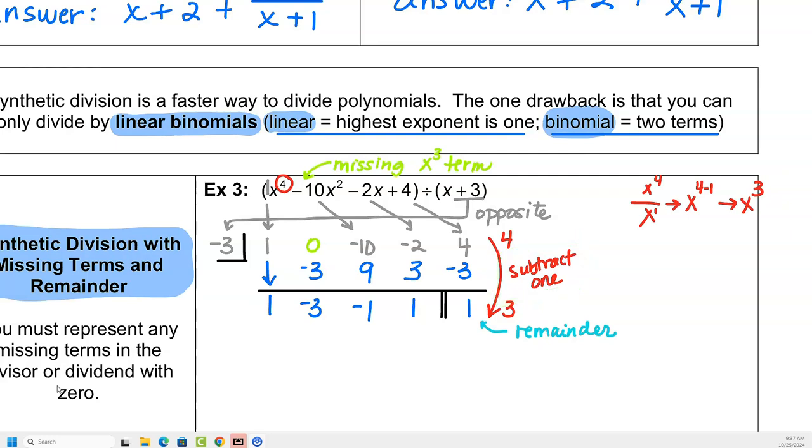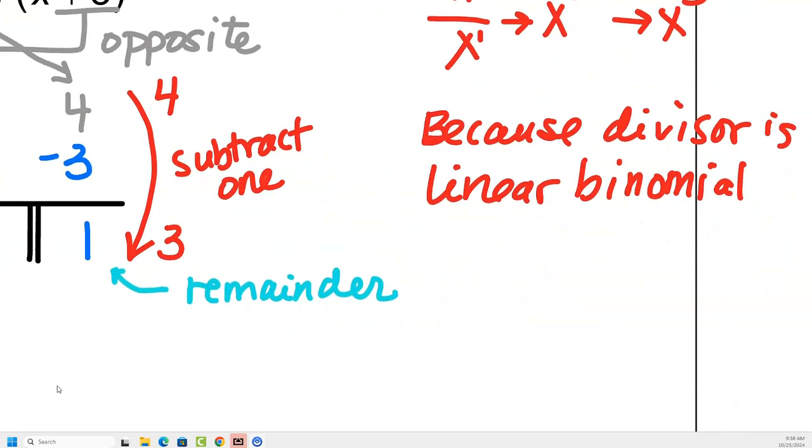So let's I'll write that quick little note here. Because the divisor is a linear binomial, okay, and I'll write the degree is 1.